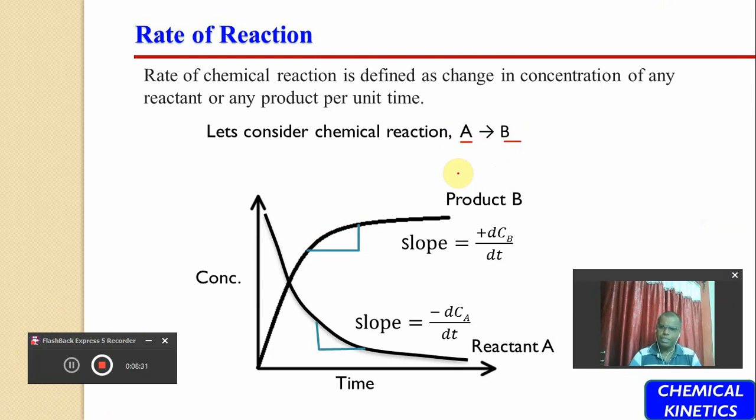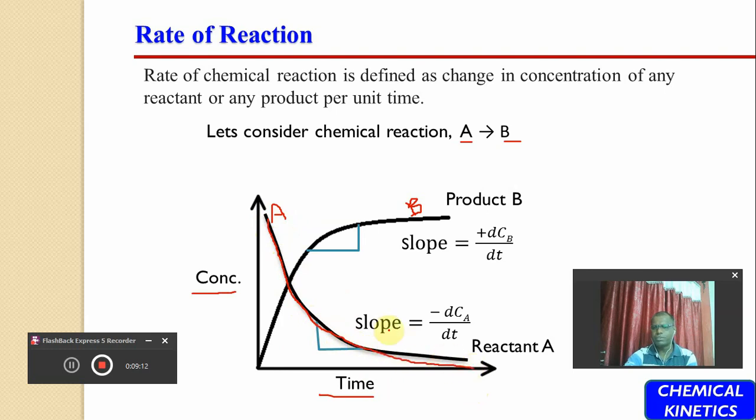Dear friends, if you see here the progress of the reaction with time, this line indicates the reactant A, and this line indicates the product, suppose here B. If we plot the graph of concentration versus time for any particular reaction, we will see that as the time proceeds, the concentration of the reactant A goes on decreasing.